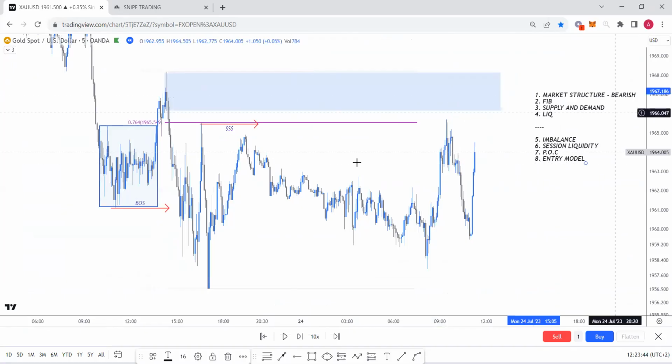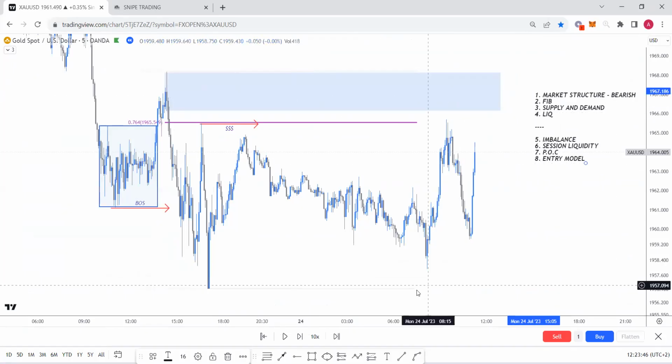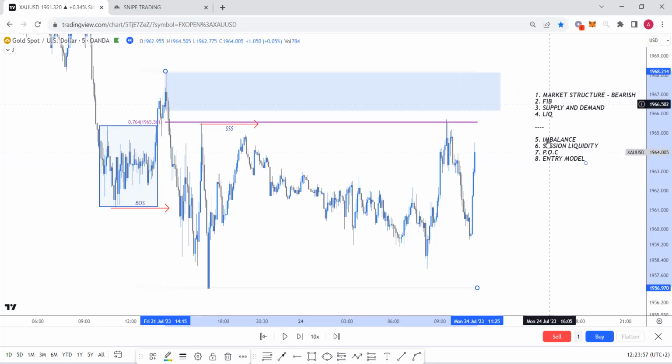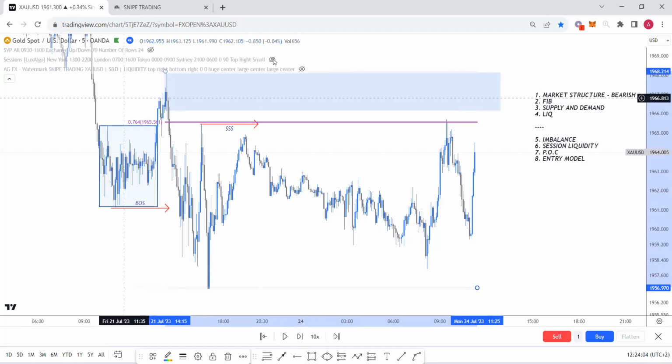We have fib, and all of these confluences we were naming before. You see price gave a perfect rejection to the fib level, which is where we entered. So we have supply and demand, liquidity, all of this, but now we also have an extra confluence, which we did not have before, which is session liquidity on this zone.